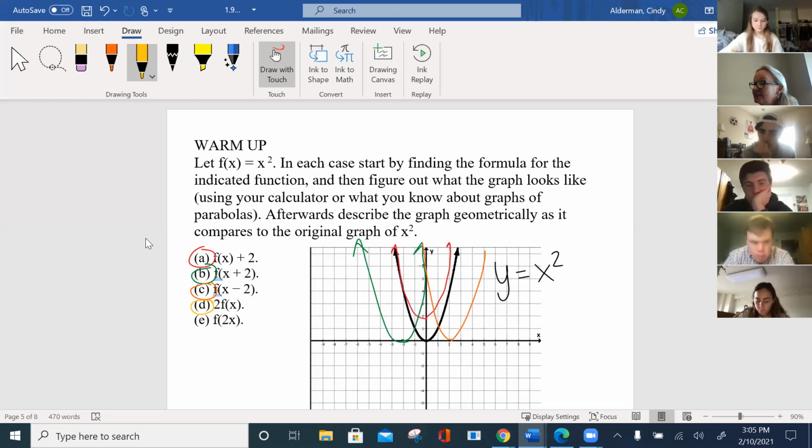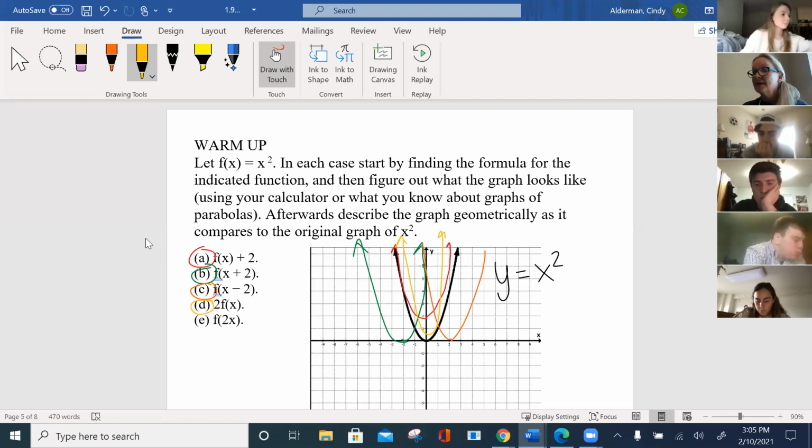It makes it skinnier, Kevin. So it would be even skinnier than the original, right? Because it's kind of like a slope, right? So a slope of a whole number is going to make a line steeper than the slope of, say, a fraction. Does that make sense? Yeah. So that's going to make it skinnier.